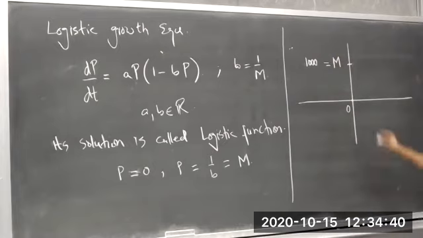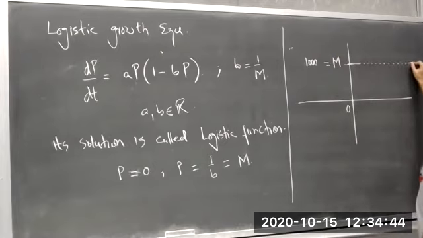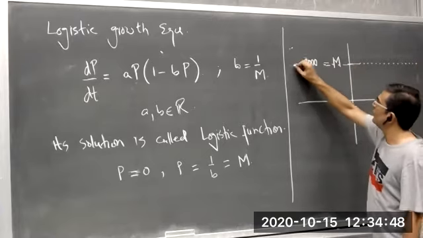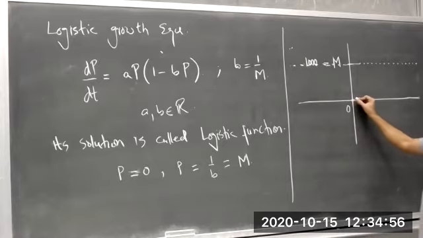If we draw the lines which we call isoclines, the graph of this kind of equation is such that the infection starts from 1, or you can say 0, and it grows up.